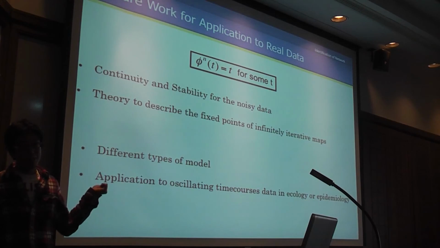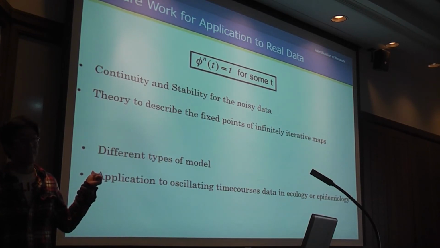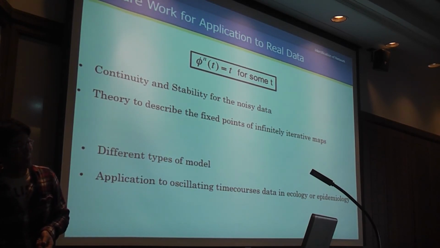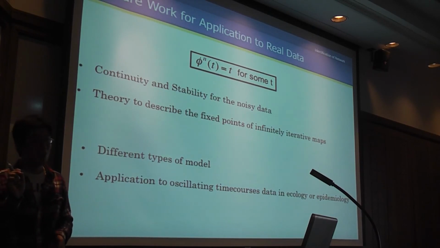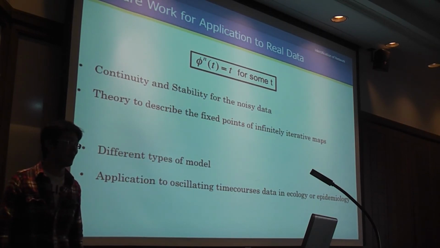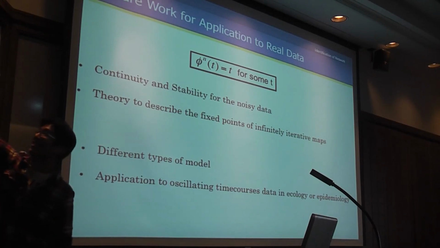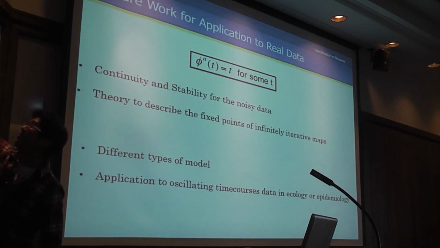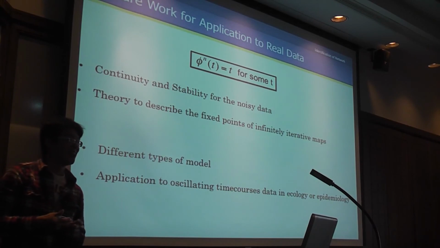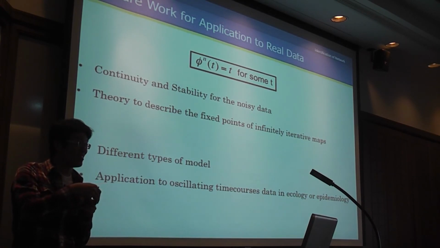Similar fixed point theory can be applied to this generalized model, but it becomes a little bit more complex, so I'm struggling with that one. Another question is, what if there is some unknown hidden step? Is that your question?